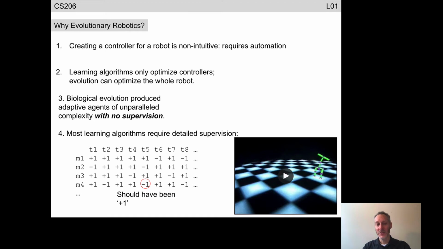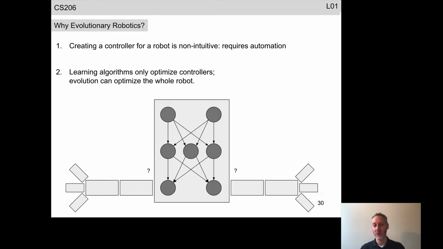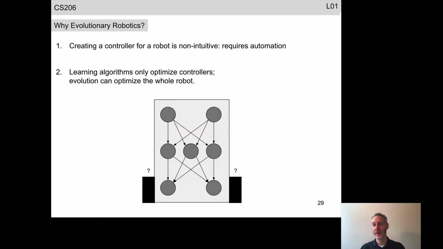A lot of machine learning algorithms require that detailed information about being able to isolate where the problem happens, and that can be very difficult in robotics. We'll come back to that idea later. Okay, so at least four different reasons why we might want to use an evolutionary algorithm to produce intelligent or adaptive robots compared to a machine learning algorithm that only alters the artificial neural network of a fixed robot.